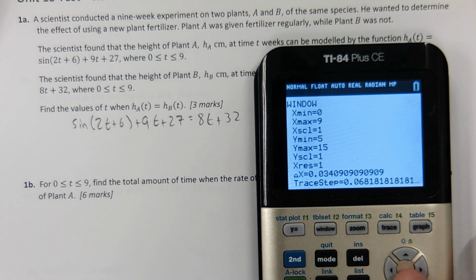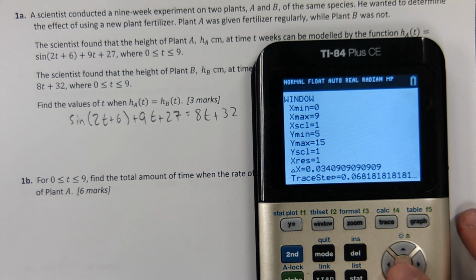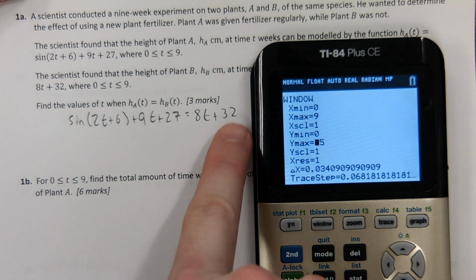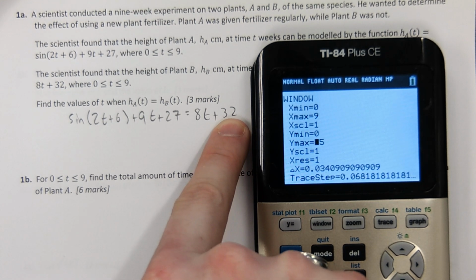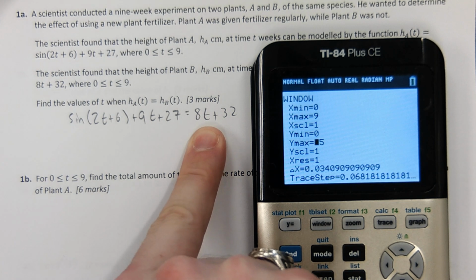So on your window, look, I still have 0 to 9 set up. Isn't that nice? The scale, I just went by ones. Now, when I had 0 to 20 on my y's at first, or 0 to 25, I got an image I didn't like. Actually, let me go ahead and show you. This thing's y-intercept is 32, and then it goes up at a slope of 8, right?